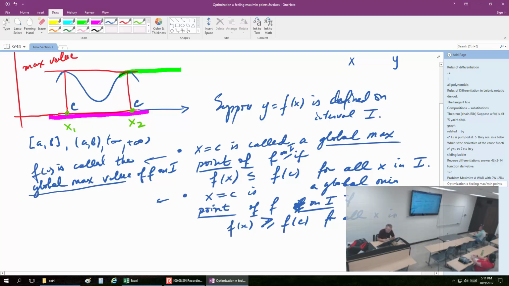Global maximum value is sometimes omitted, and you just say maximum. That's what is understood here, that you're looking for all points as well as that value. So in the second case it is called the global minimum value.